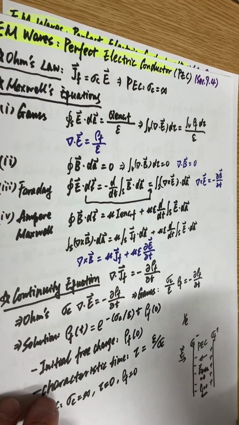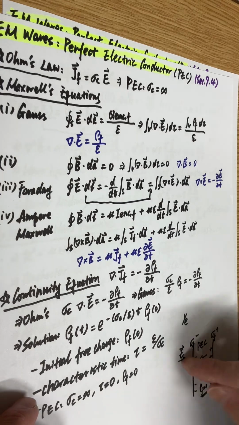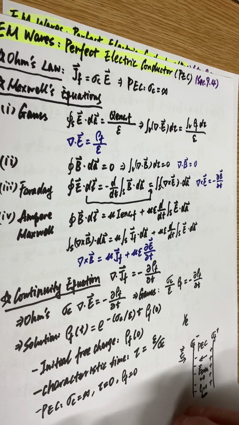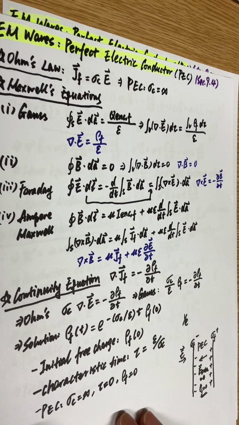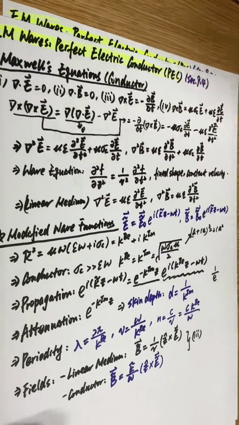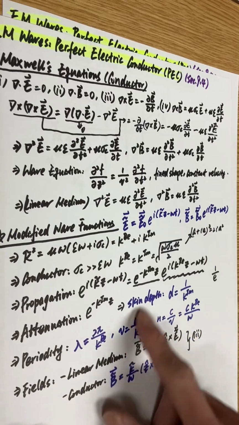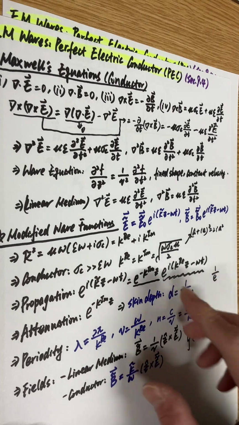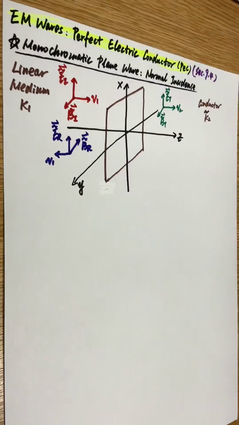Okay, so now we already know that the electric field wouldn't penetrate a perfect conductor from Ohm's law, and also from the continuity equation, and we also confirm this based on the wave function. We know that the attenuation here would be really large, so the E field just wouldn't penetrate the conductor. Now we are going to prove this based on wave functions.